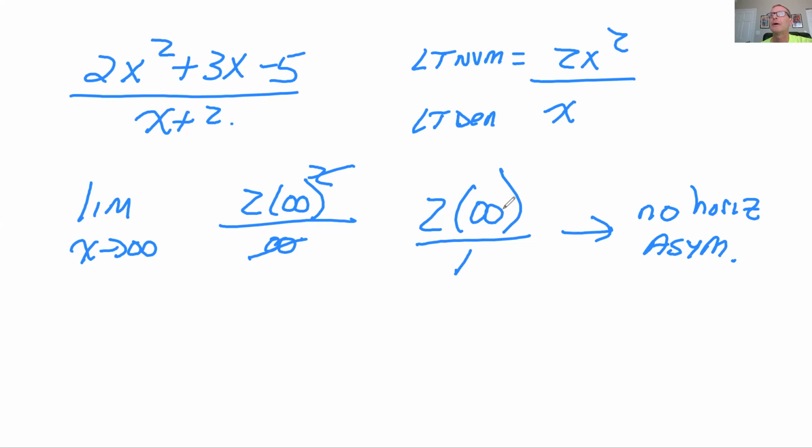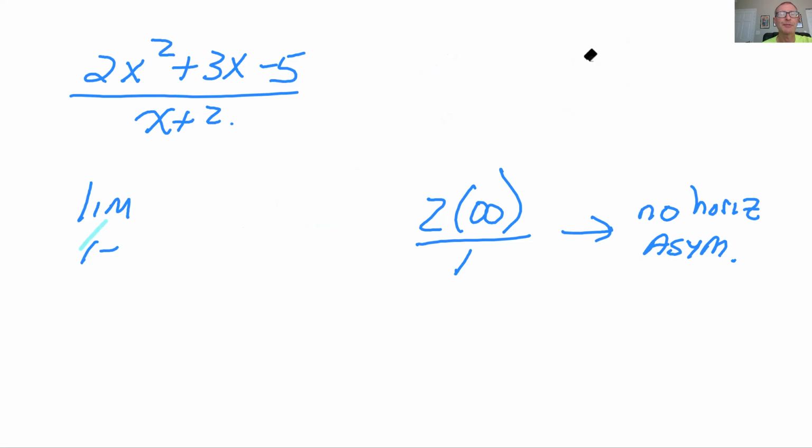And so there is one other asymptote, and I'm going to use this as the example to show you. It happens on occasion. We're not going to focus on it much in this class, but it's good to introduce. So say we take this same example, where we just calculated no horizontal asymptote.